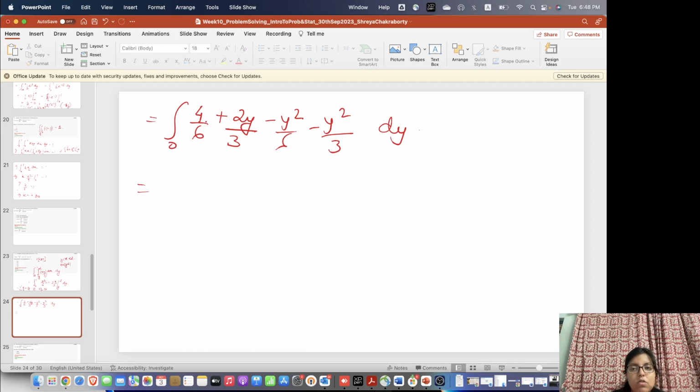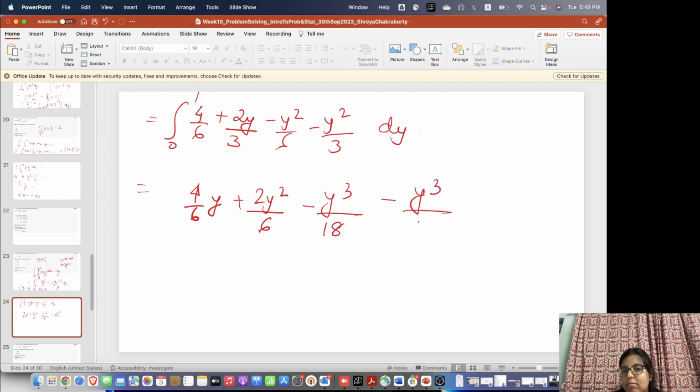Okay, so then 0 to 1. So this would be 4 by 6 y plus 2y square by 6 minus y cube by 18 minus y cube by 3 into 3 is 9, 0 to 1.